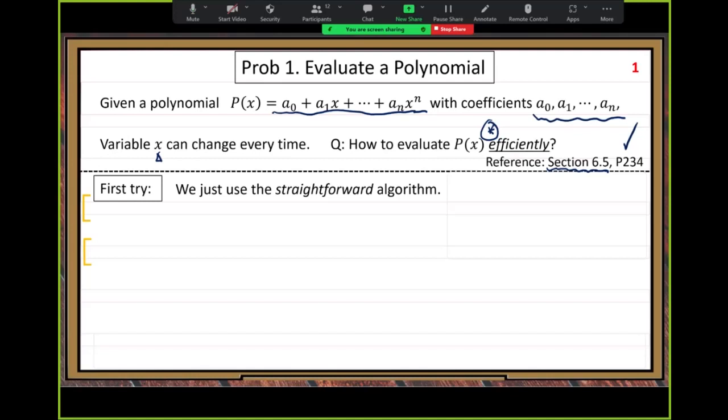Because we're pretty sure the value should be correct. So that's our first try. Work on each term. But when you do the specific operations, do you need to work on each term?